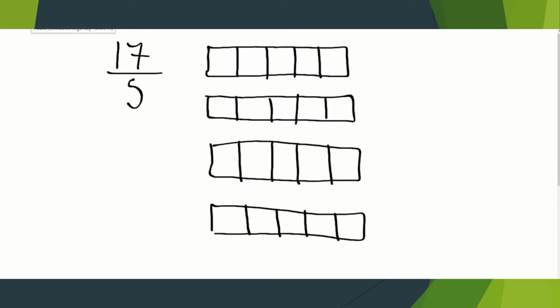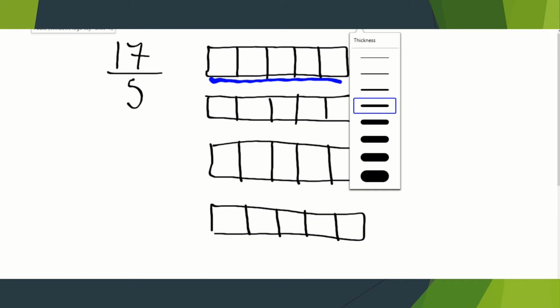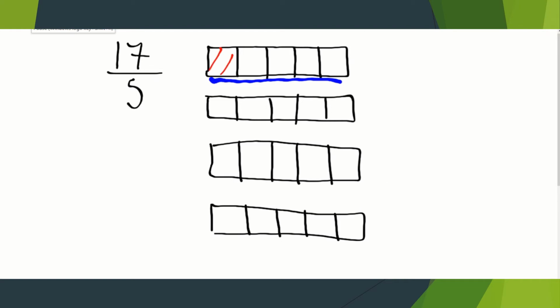Okay, so depending on how many whole ones we've got filled, depends on how many we've got there. Let's have a look at another example. So this time I've got 17/5. So I've split my bar models into 5s. So in each bar model, I have 5 equal parts. I start by shading in. I'm going to count up to 17. 1, 2, 3, 4, 5.